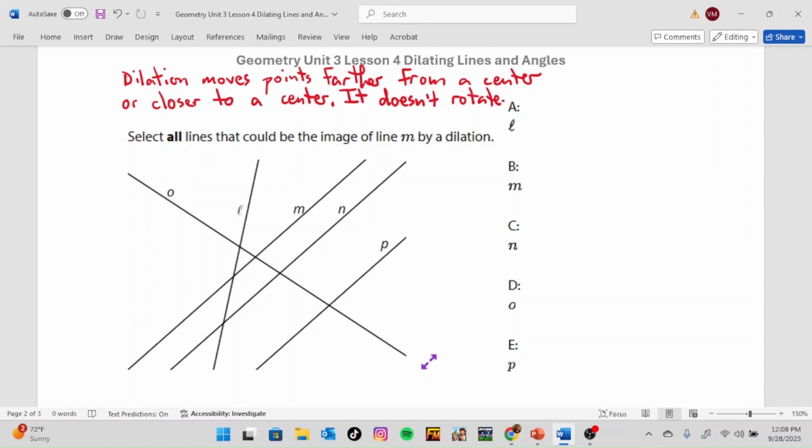So if I look at L, L has rotated. It has done this counterclockwise rotation. So A could not be the image.